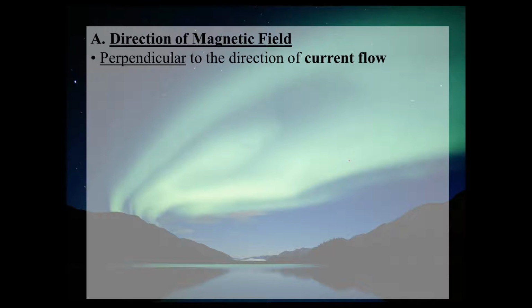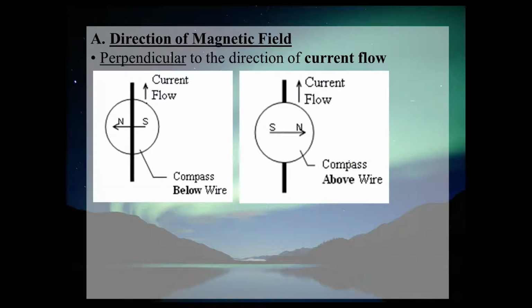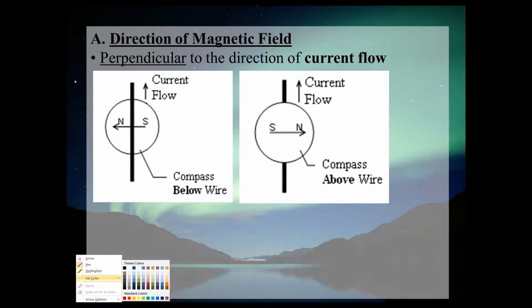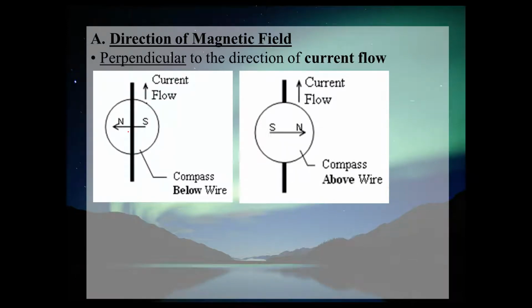In terms of the direction of the magnetic field, now here's where we'll go back to those pictures on the previous slide. It turns out that the direction of the magnetic field is always going to be perpendicular to the direction of current. So if I look at this picture here, you have a current that's flowing vertically upward.